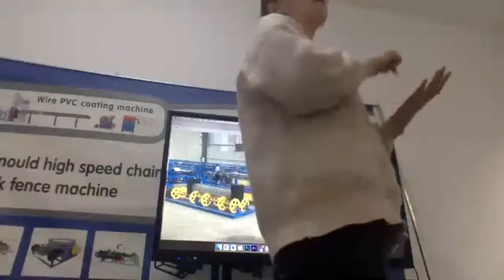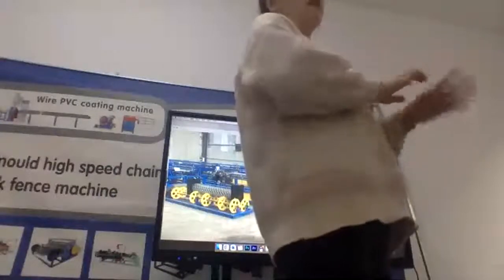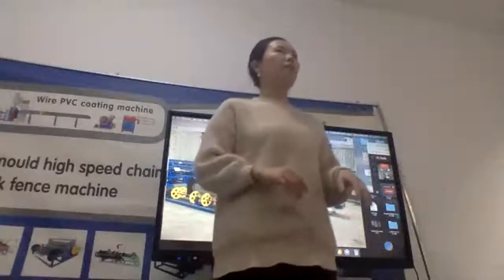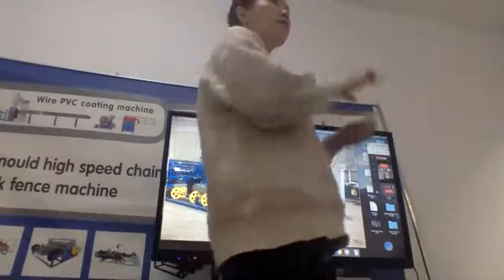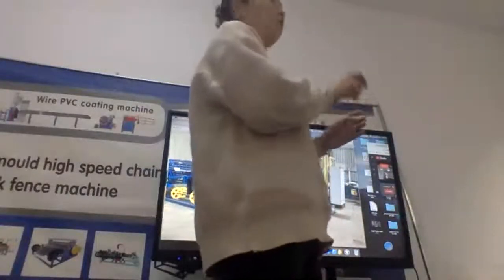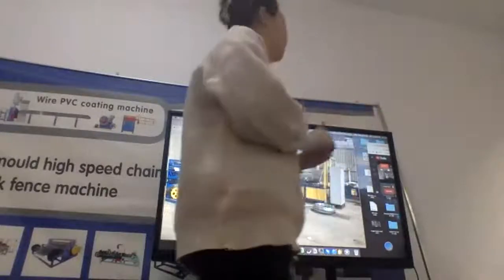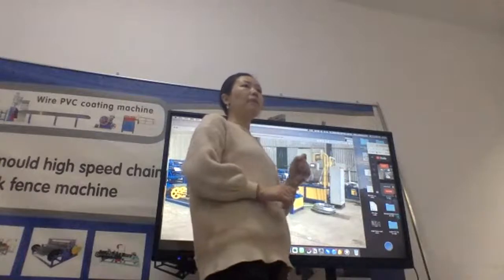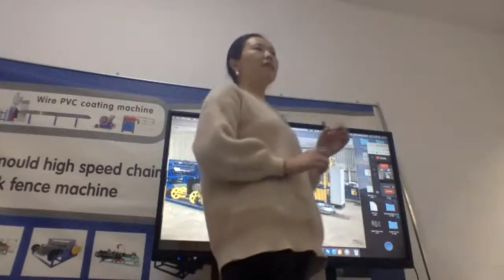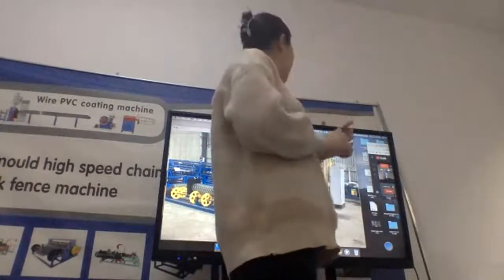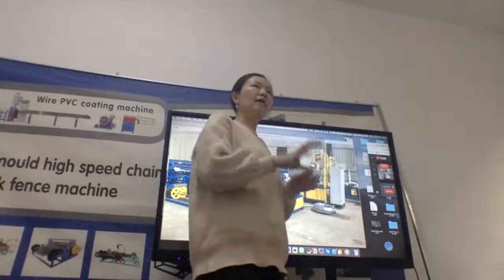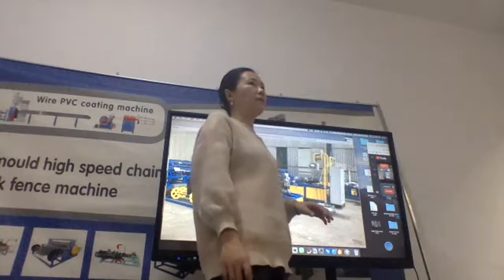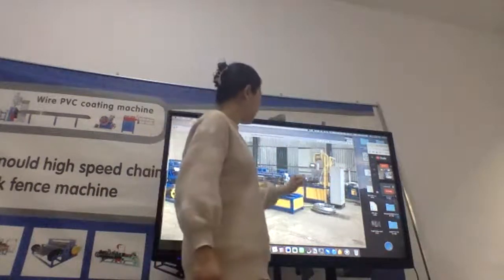Maybe 10 years, 15 years, 20 years, you can go on using the machine and the gearbox never has a problem. And the gearbox cost is very low compared with the speed reducer. The speed reducer belongs to the electrical component parts, so it has a lifetime of a 1 year warranty. But the gearbox can give you 10 years, 20 years, you can use it as long as possible. So this is the difference.